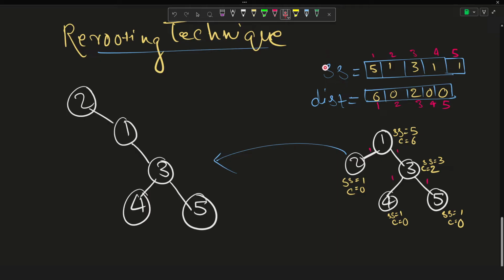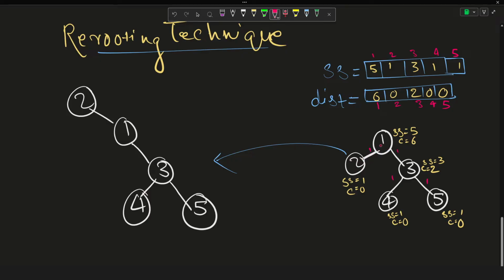So whatever values are present in these 2 arrays, they were for this tree only, right? But now these 2 arrays will also change corresponding to this tree. So if I want to derive a tree consisting of 2 as the root vertex from this tree which has 1 as the root vertex initially, then first I have to end the relation of this 1 from this 2nd vertex. Why?